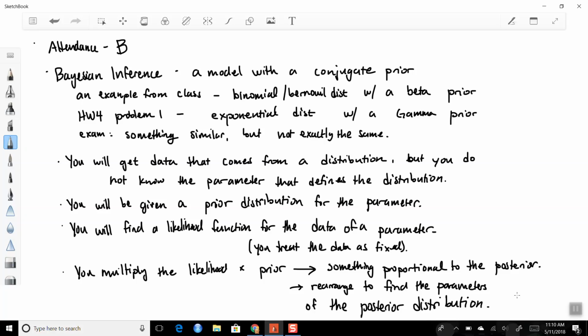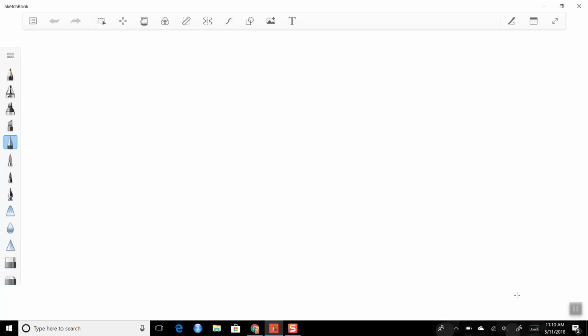Another problem will be a Metropolis algorithm problem. And we'll do a Metropolis algorithm for a discrete distribution.